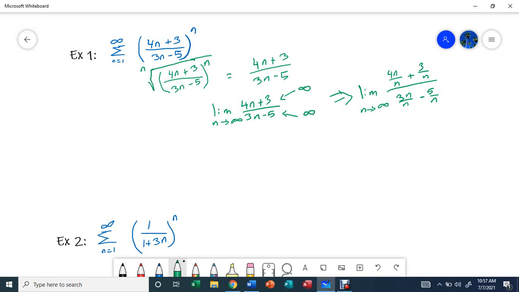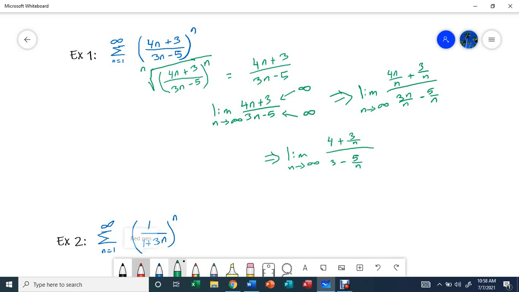So if we simplify, it's gonna be the limit as n goes to infinity. So 4n over n is 4 plus 3 over n, divided by 3n divided by n is just 3 minus 5 over n.